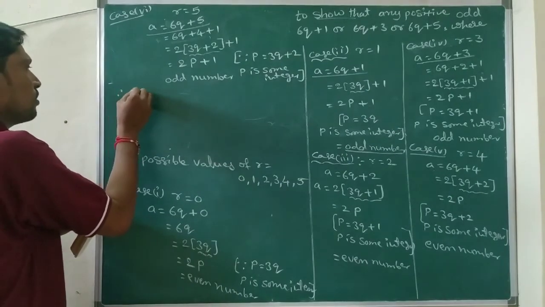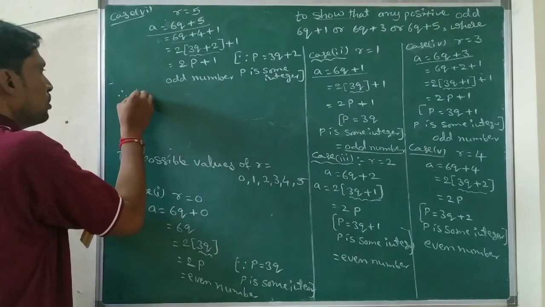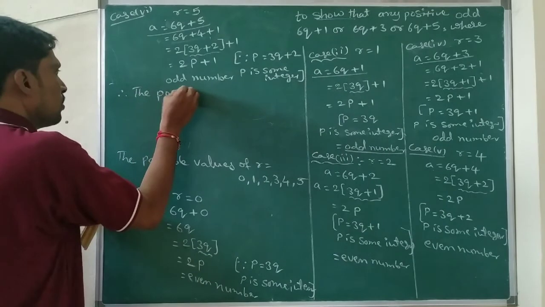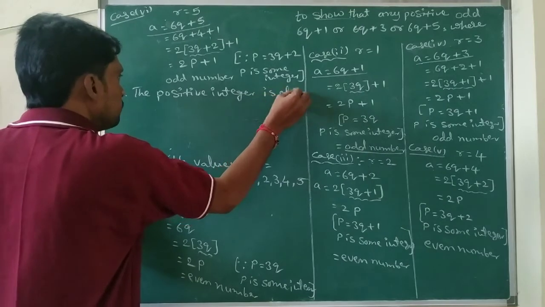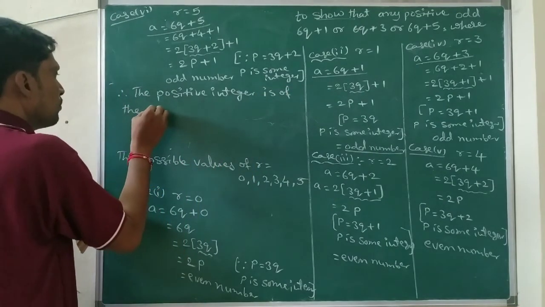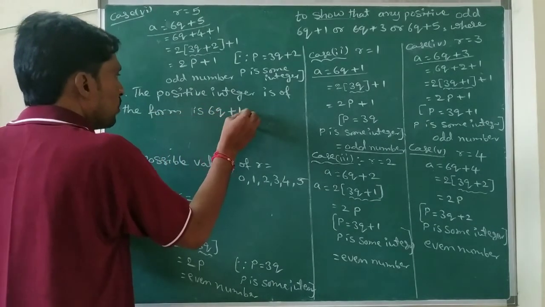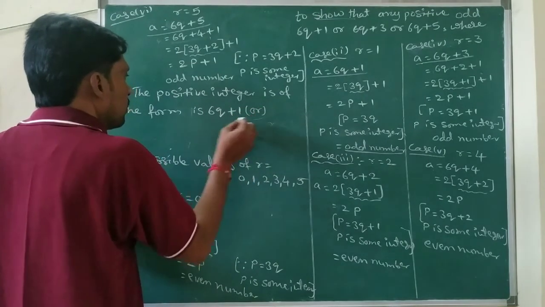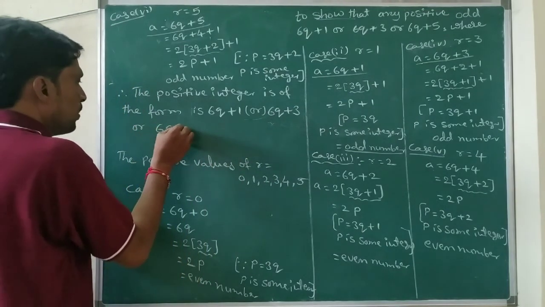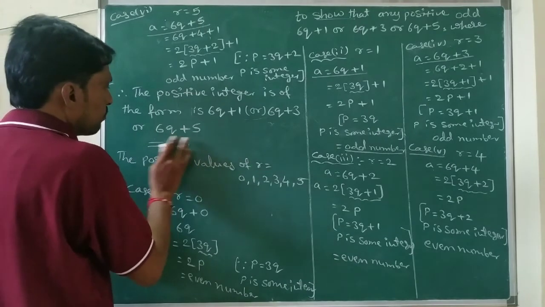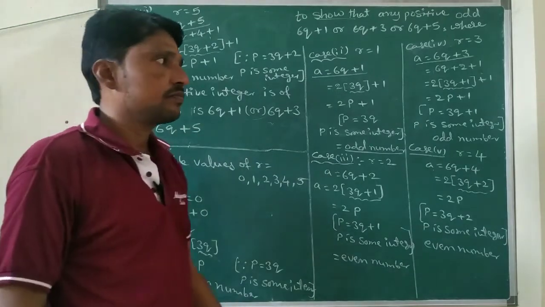Therefore, the conclusion we can write is: the positive odd integer is of the form 6q plus 1 or 6q plus 3 or 6q plus 5.